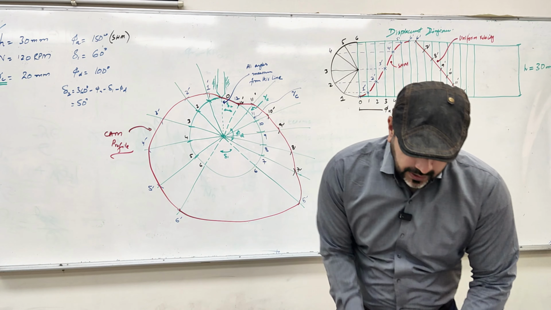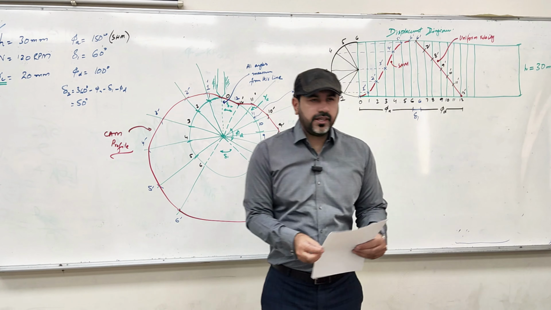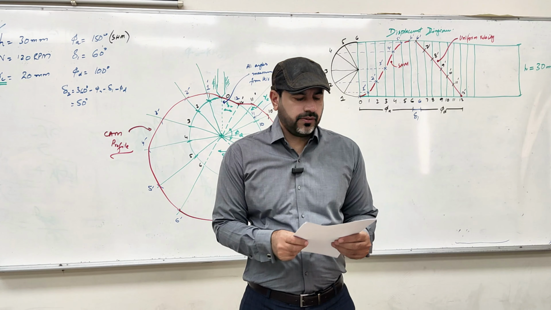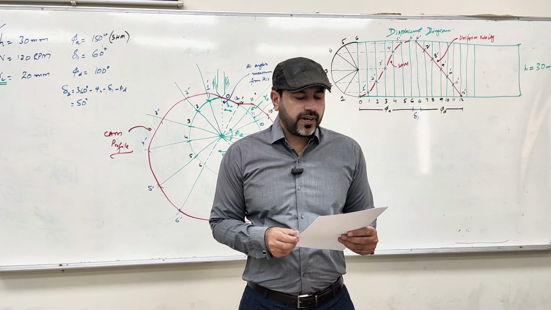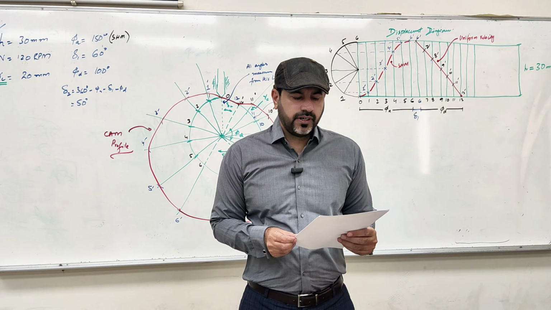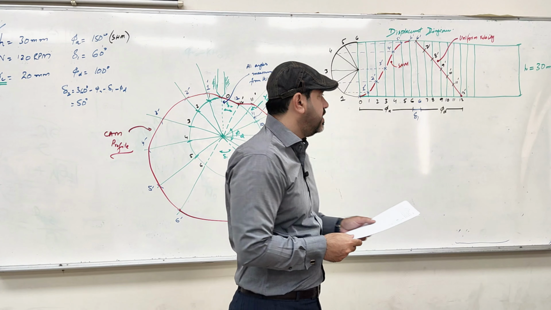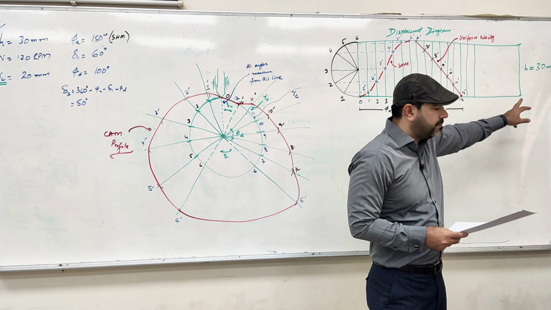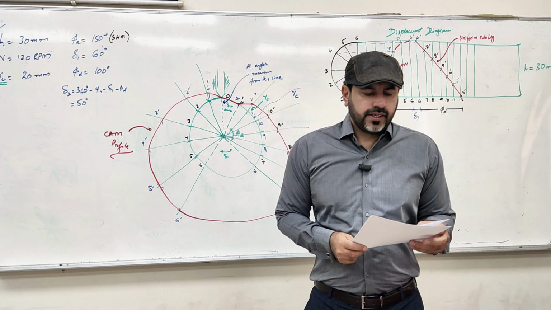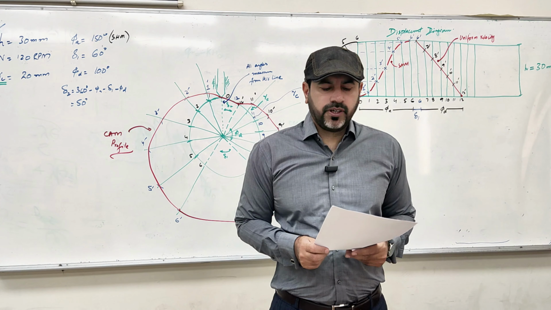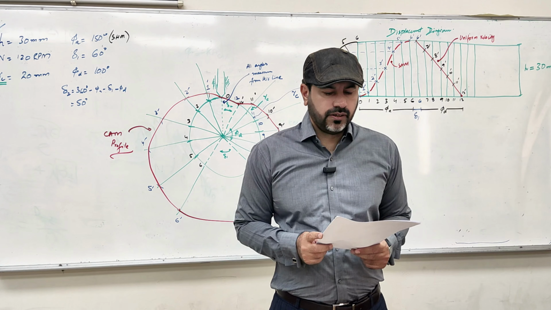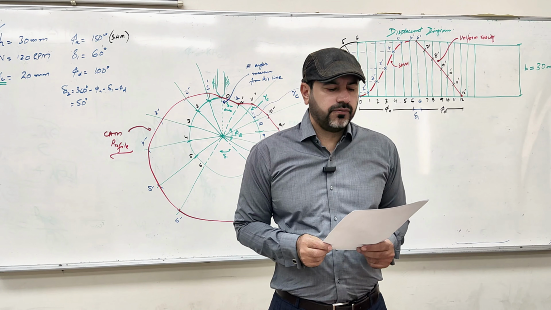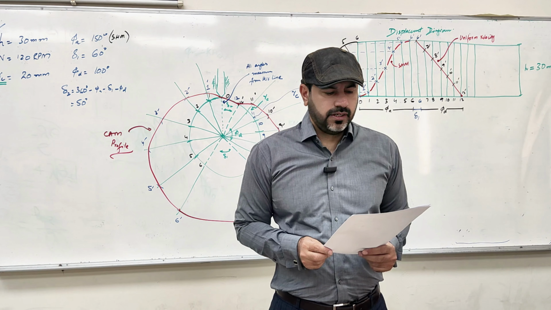All right, let me quickly read the question again and then I'll run through it again. Draw a cam profile operating a knife edge follower with a lift of h equal to 30 mm. The cam raises the follower with simple harmonic motion for 150 degrees of rotation, followed by a dwell period of 60 degrees.